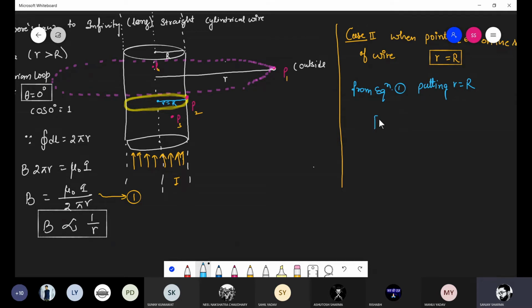So the magnetic field B is equal to mu naught I upon 2 pi capital R. So I is constant through the loop, that is current is constant through the loop, and R is the radius of the wire, which is also constant. So at every point on the surface the magnetic field is constant here. So the second result is this value is constant.